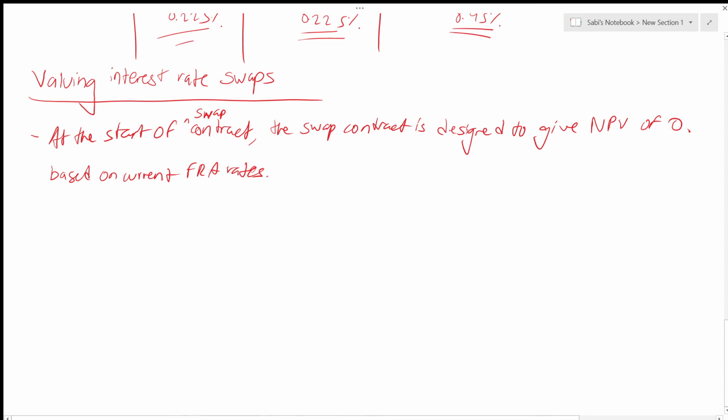However, the value of the swap will change as interest rates fluctuate. I hope you can understand my handwriting.